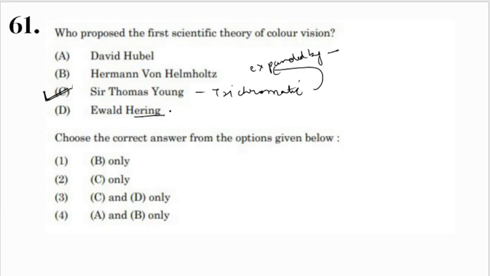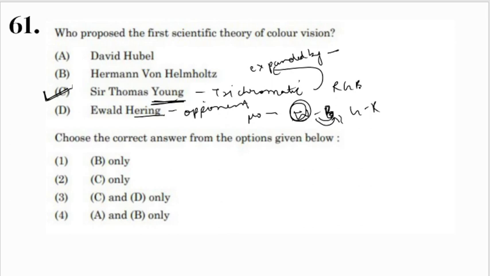Hering also talked about the opponent processes of color vision, where he contrasted white, black, green, red, etc. And he said that when we look at one color for so long and we look somewhere else, then there are residuals of the other colors which are formed, which is the opponent process theory. But the first theory was given by Young, trichromatic theory, RGB colors, and it was later on expanded by Helmholtz. So C only is the correct answer here.